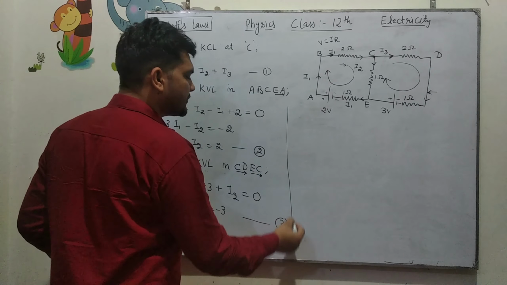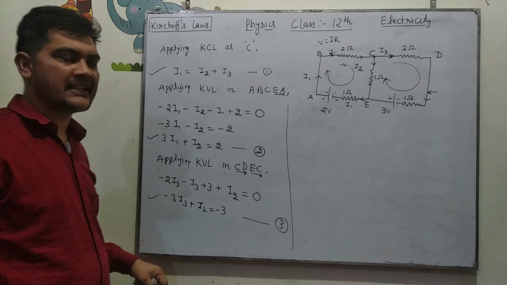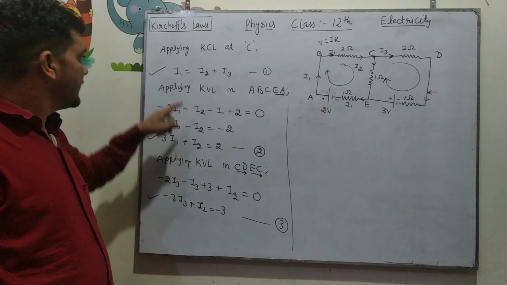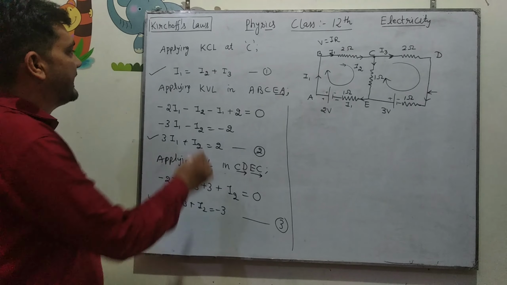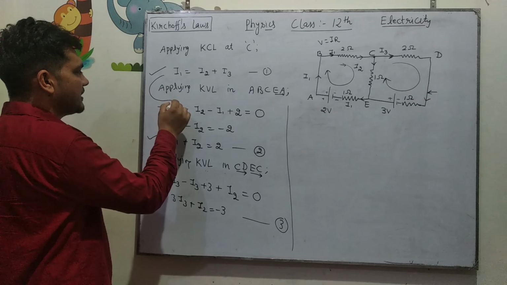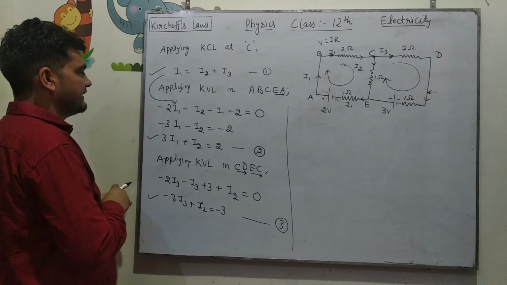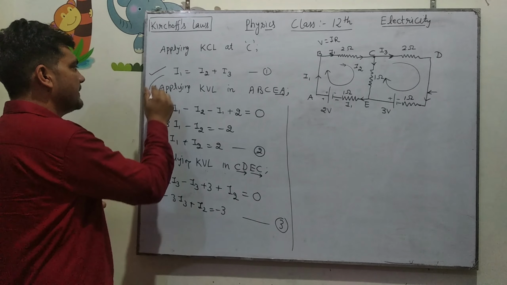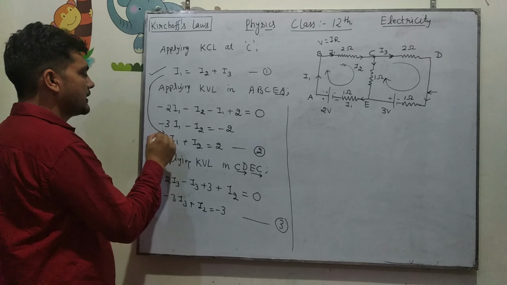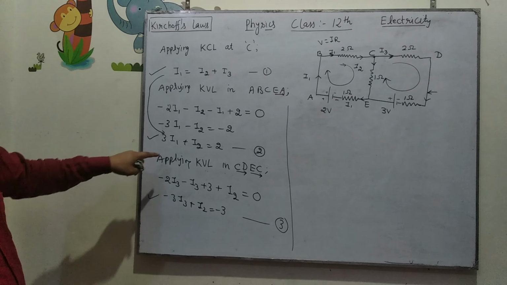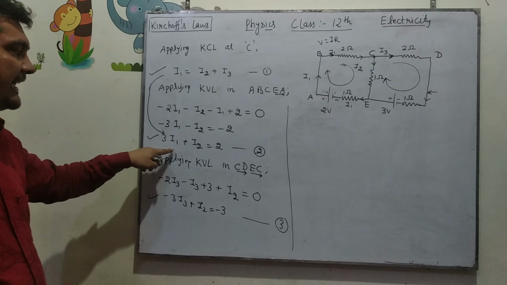So these are 3 variables, I1, I2 and I3, and 3 equations. Using the substitution method, you can decrease the number of variables to 2. Say this is equation number 2. If you replace I1 with I2 plus I3 from equation number 1, then you can eliminate the variable I1.